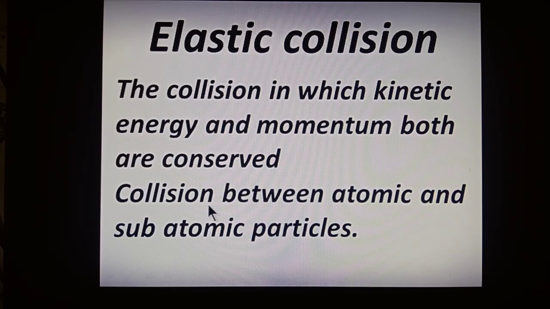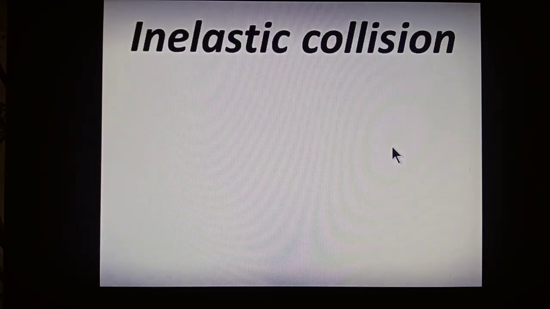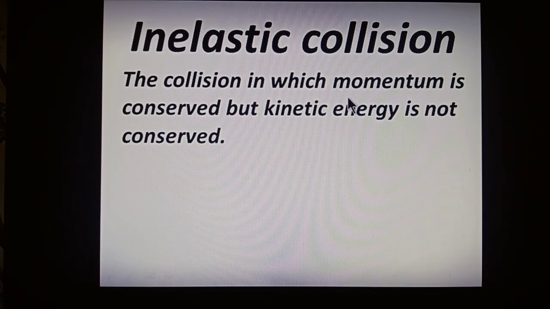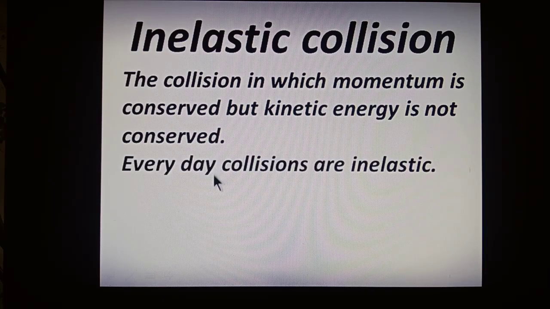The collisions between atomic and subatomic particles are examples of elastic collision. Second is inelastic collision. Students, it is a collision in which momentum is conserved but kinetic energy is not conserved. The collisions that we observe in our everyday life are examples of inelastic collision.